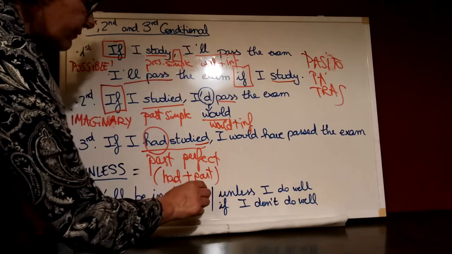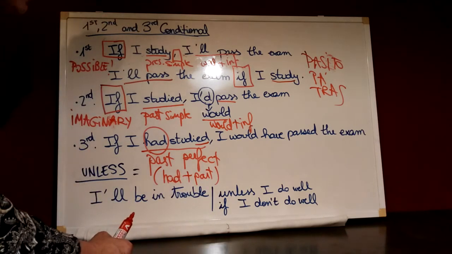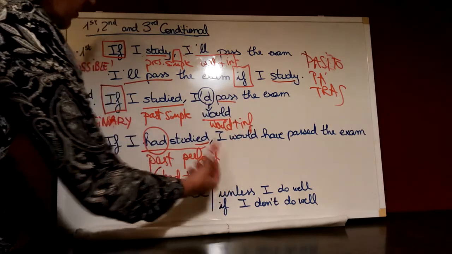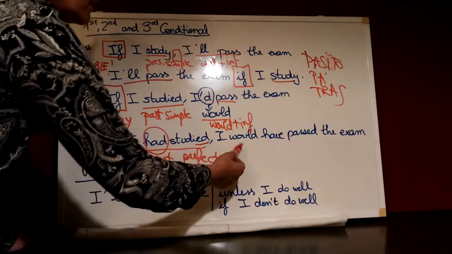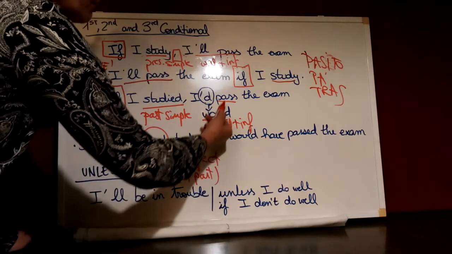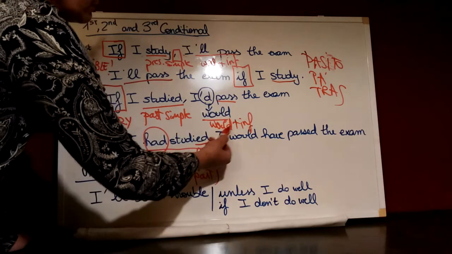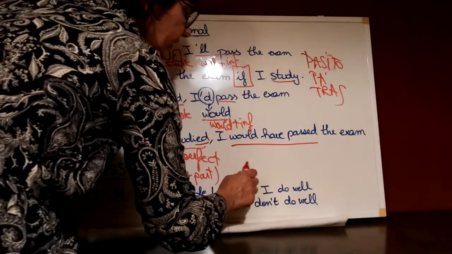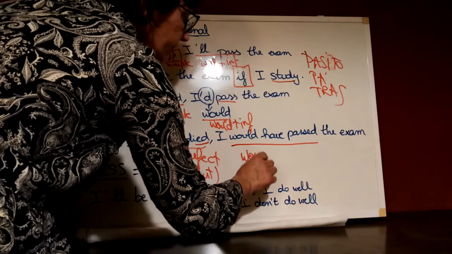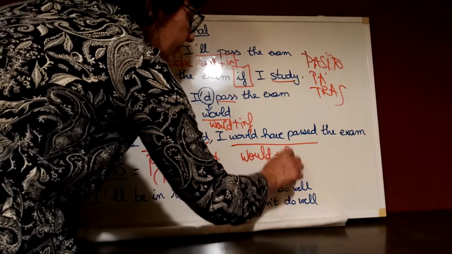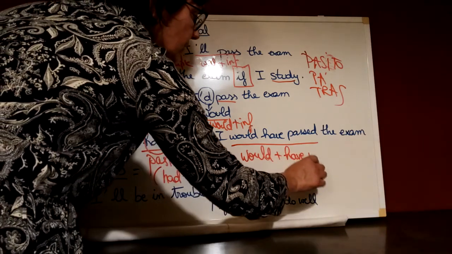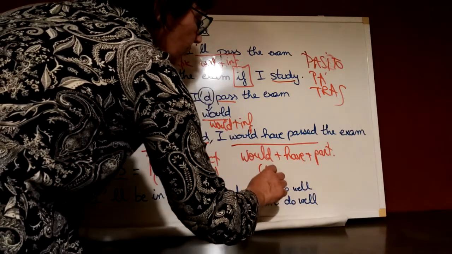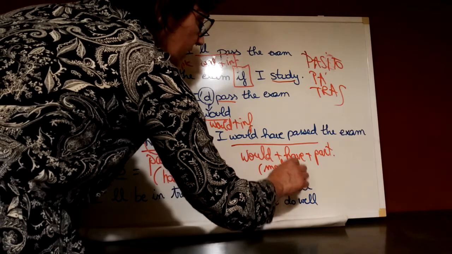That's a past perfect. All right? What about the other tense that is going to be combined here? Here we had would, which is a modal plus an infinitive, and here what we get is a modal perfect, that is would plus have plus participle. This is a modal perfect, all right?